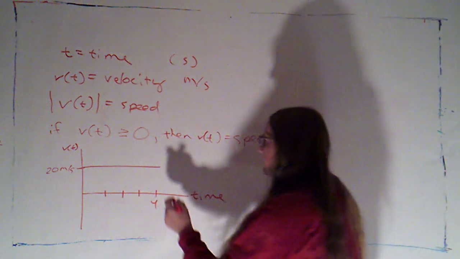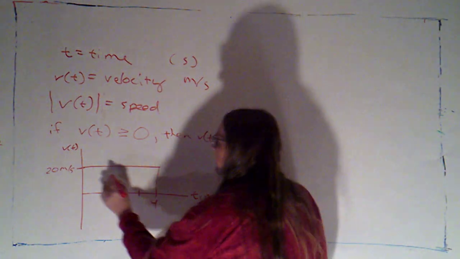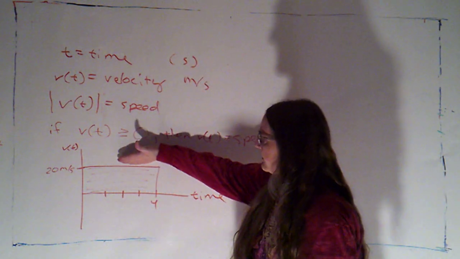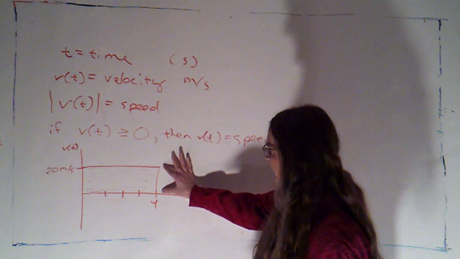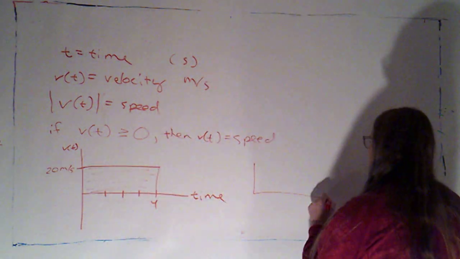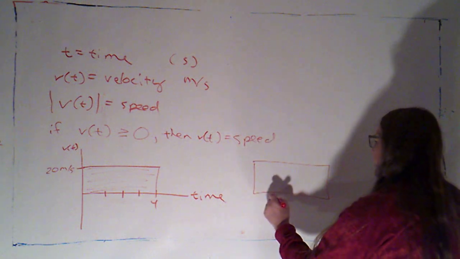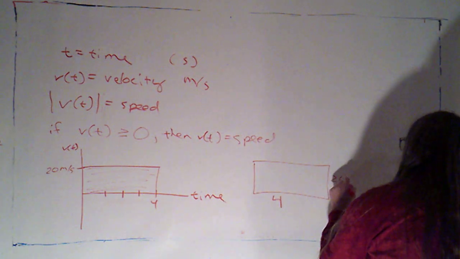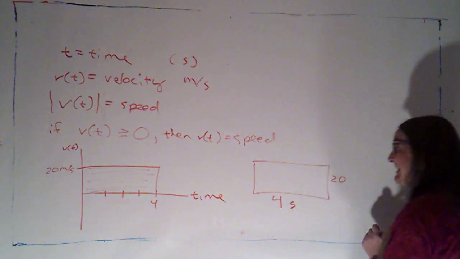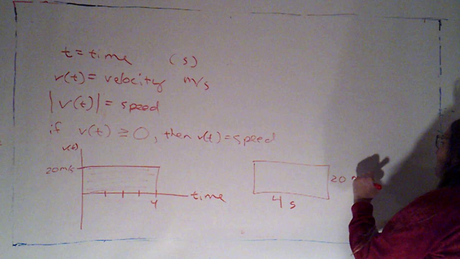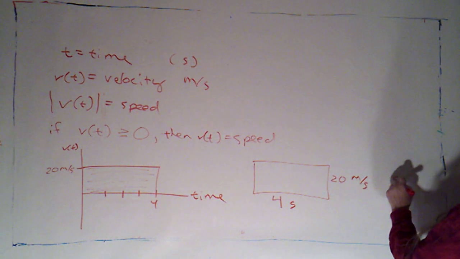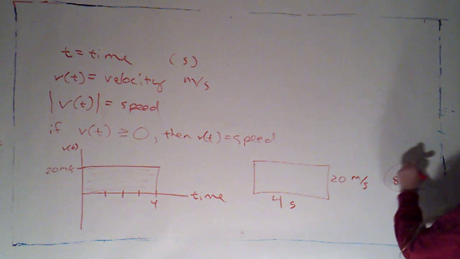Well, if I take a look at this area that I have between the velocity function, which is determining the height of this shape, over this time interval, let's take a look at what that area is. That's 4 by 20, but if I look at the units, that's 4 seconds by 20 meters per second. If I were to multiply that, I would get 80 meters.